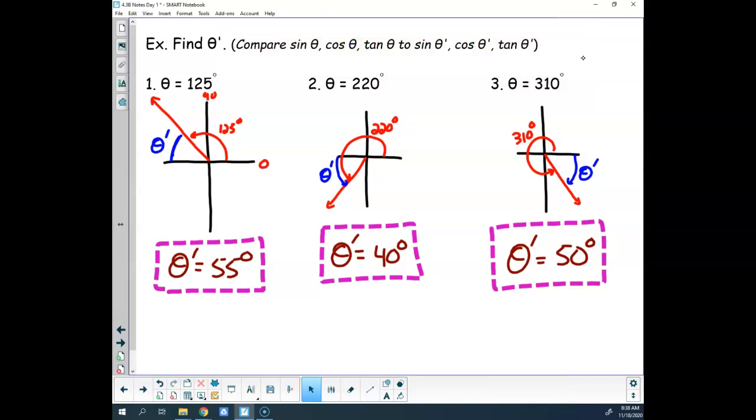Now, let's look at the sine of theta and the sine of theta prime. So on a calculator, what is the sine of 125 degrees?